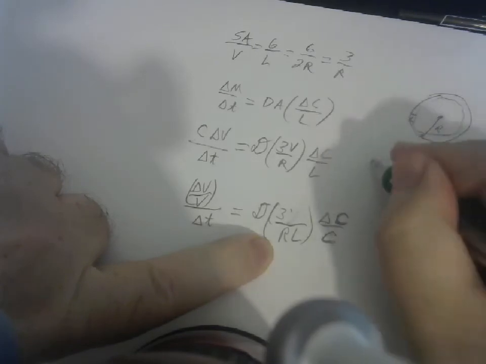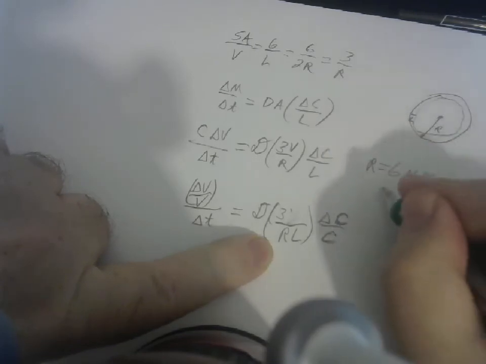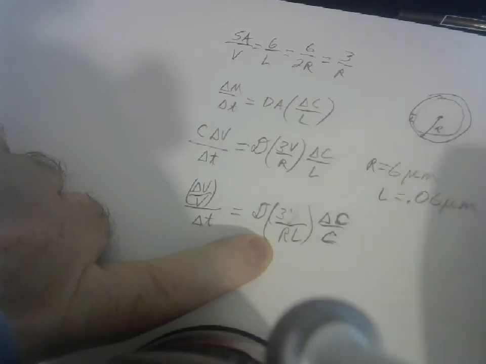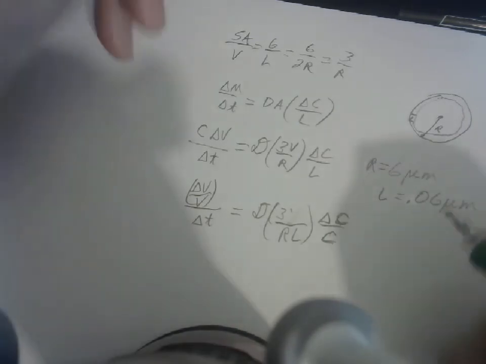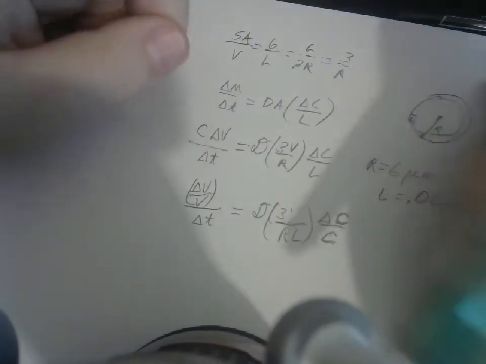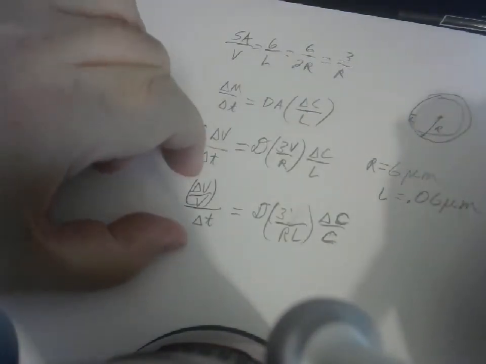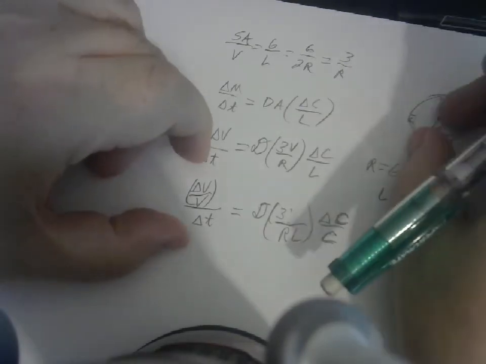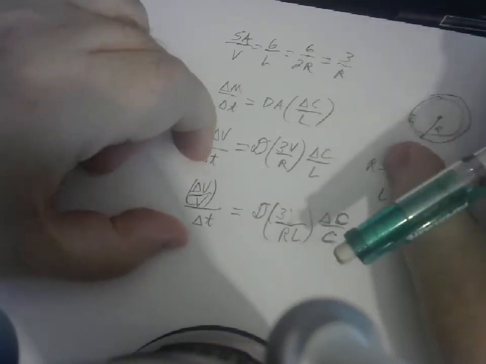And then if L is, say, 1/100th of that, 0.06 micrometers, that will make this even less. So if you have a very small radius and a very small width there, it would mean that your change in volume of the cell, it'll shrink or expand.